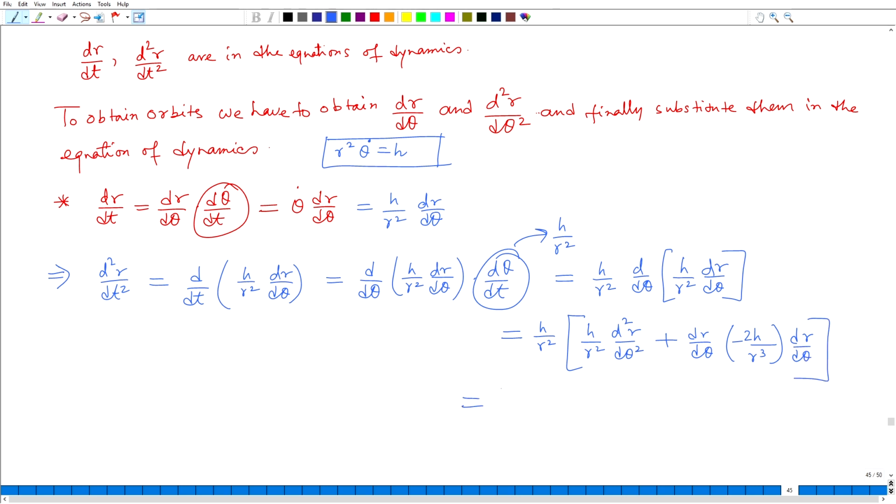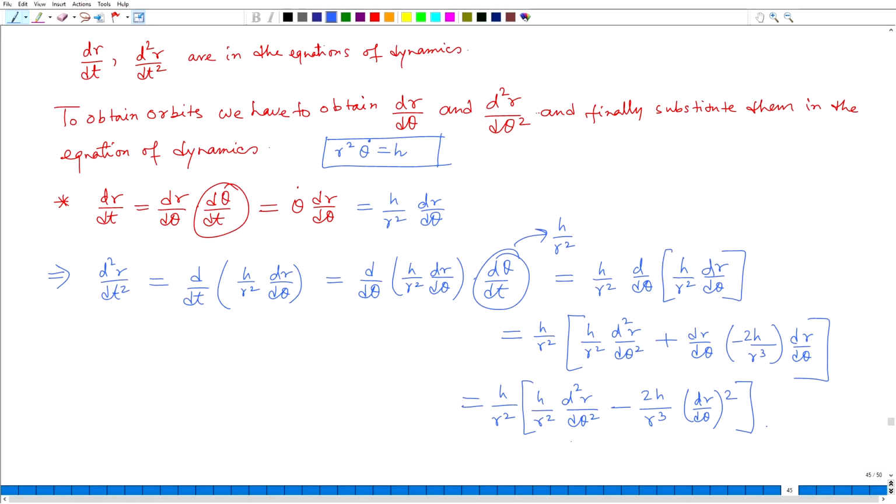So, compacting everything, I can write h by r square times h by r square d2r d theta 2 minus 2h by r cube dr d theta whole square. Now we will simply substitute this expression into the equations of dynamics, and we will find the equation which will be very appropriate for obtaining the trajectories under a central force law.